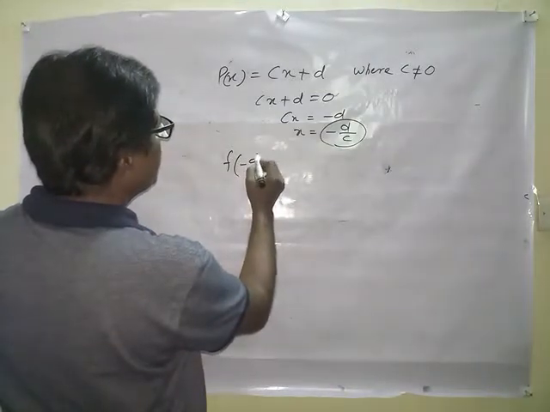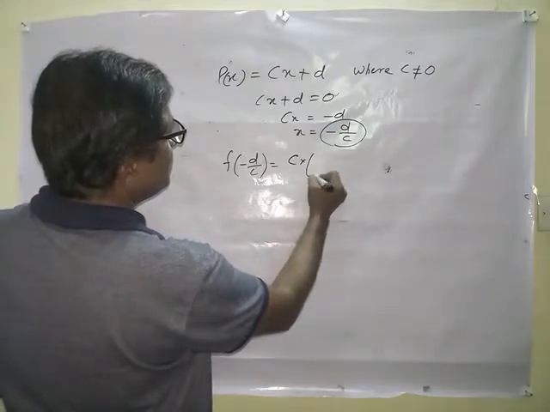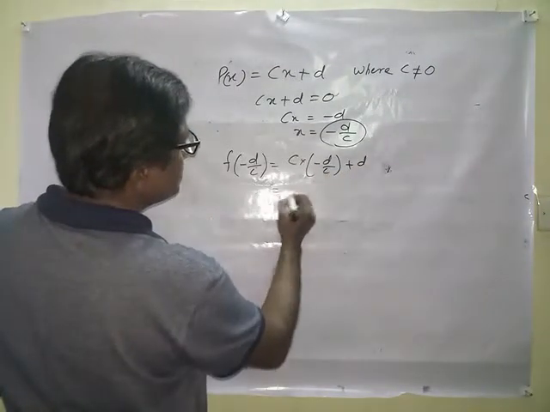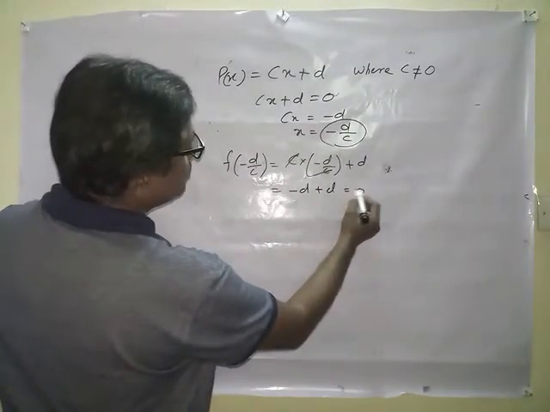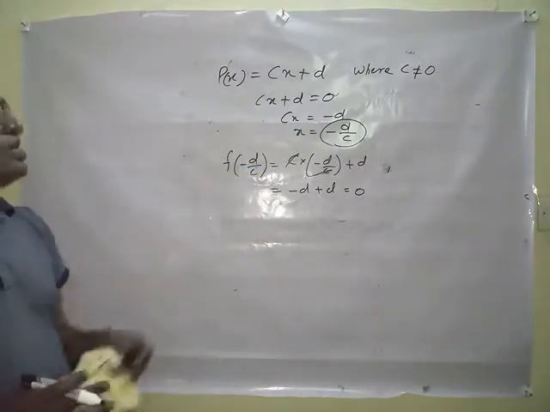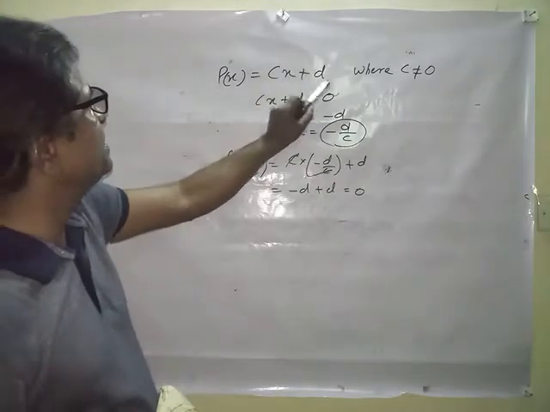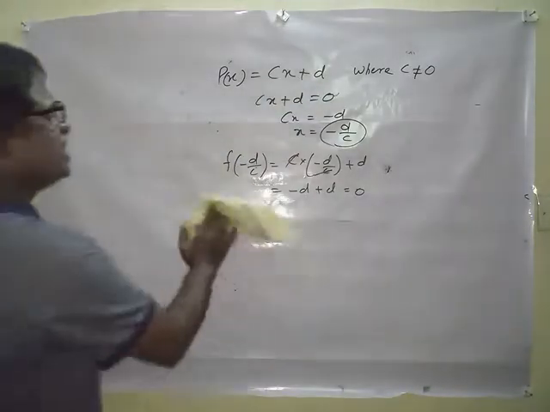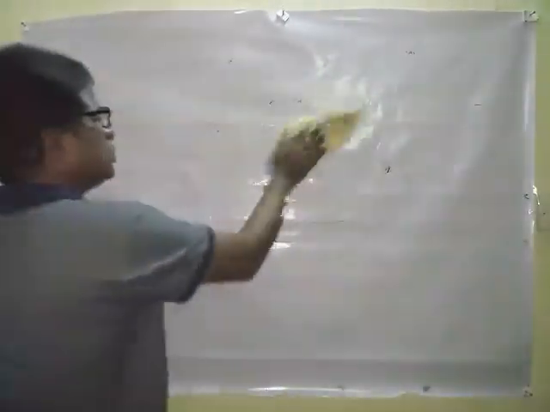To cross check: C multiplied by minus D upon C plus D, the C cancels, minus D plus D equal to 0. So don't get confused even if it is given as Cx plus D or 5x plus 7; just equate the expression to 0 and solve.